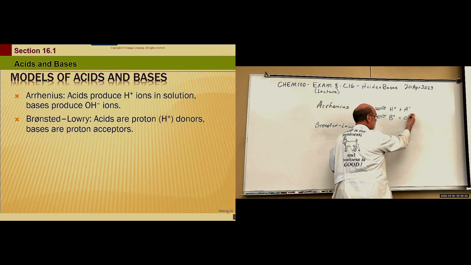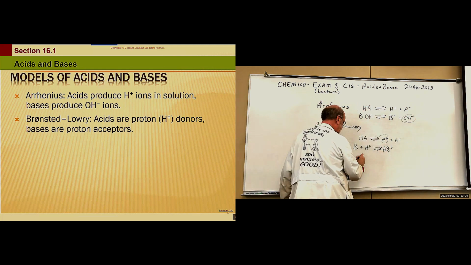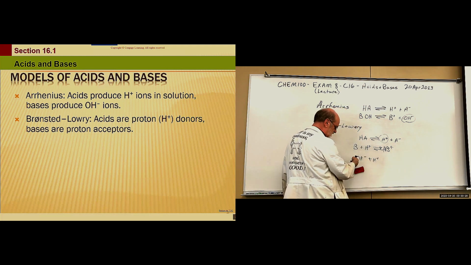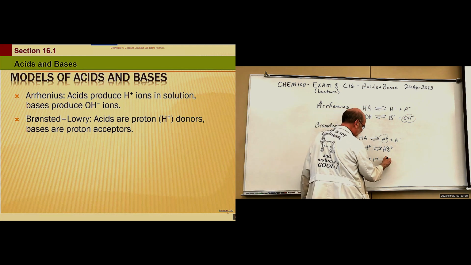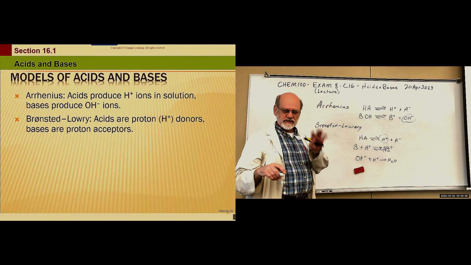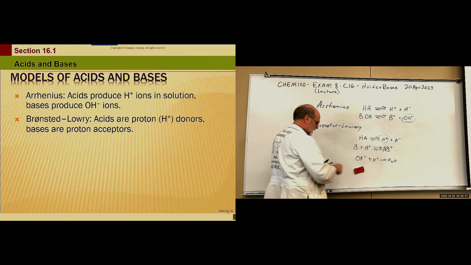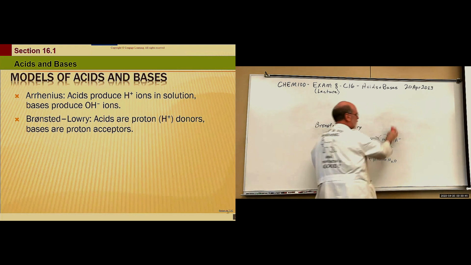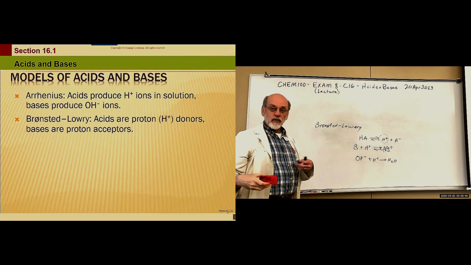This would be a base, hydroxyl, right? Hydroxyl plus hydrogen ion. This is a base that accepts a proton and produces water. We're going to talk about that in just a minute, but in more detail. Okay, those are the two basic concepts for acids and bases in aqueous solutions.